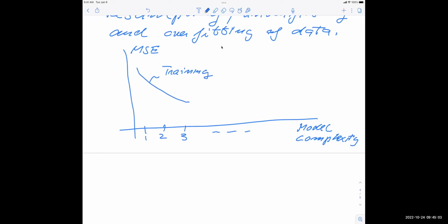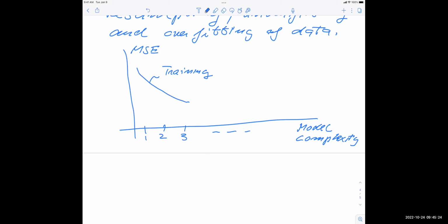So I'm just looking after general trends. Now feel free to answer in the chat. So you could just write increase or decrease.